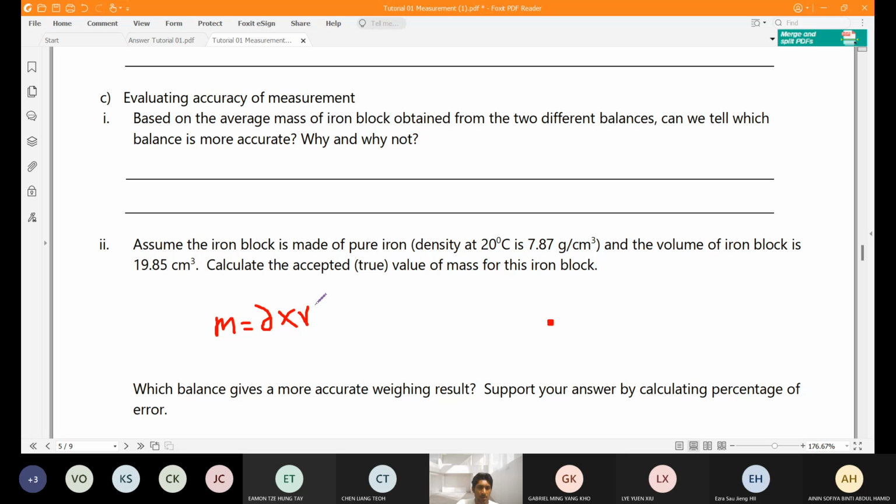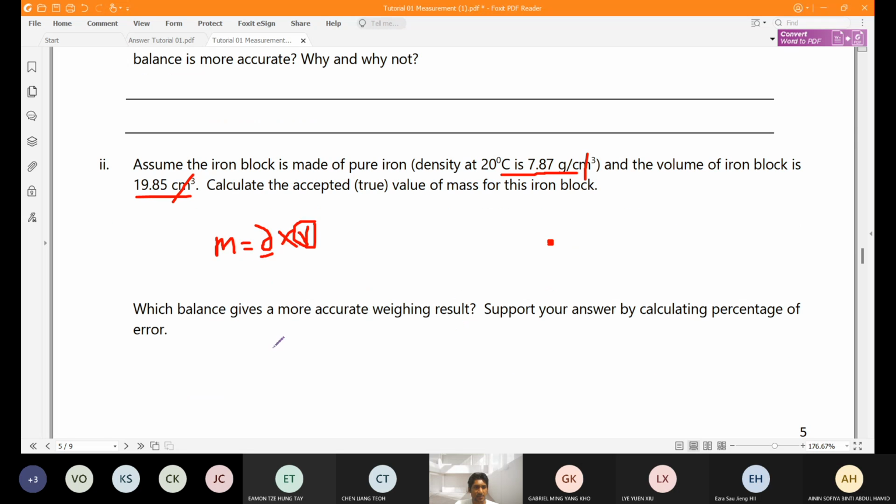The density of the iron bar is given and the volume is given too. If we multiply both, the centimeter cube will cancel out and only the gram will stay. So this will be the mass of the iron bar in grams.